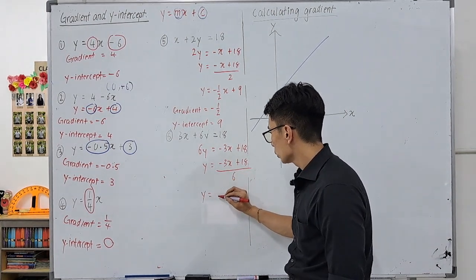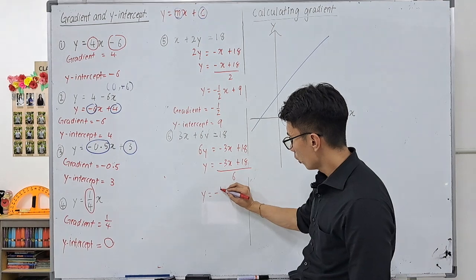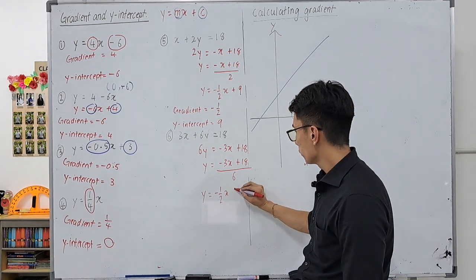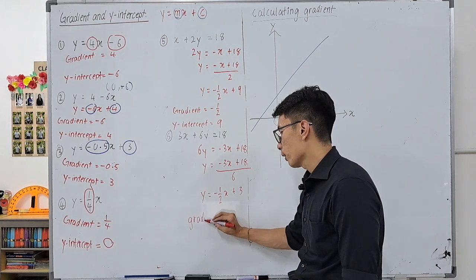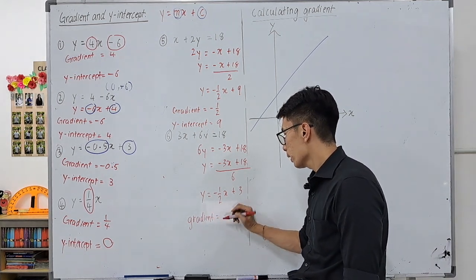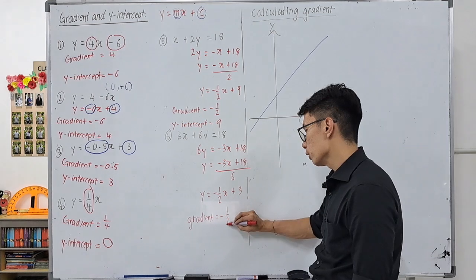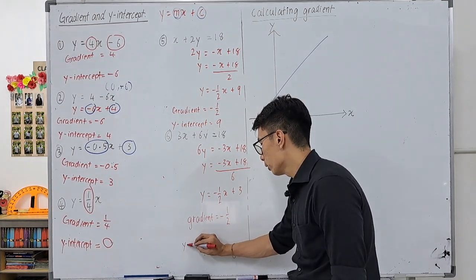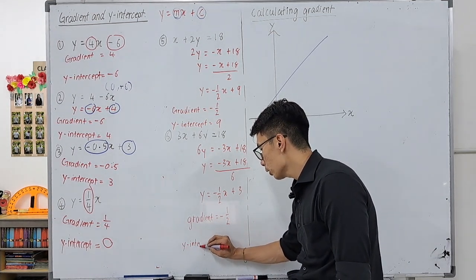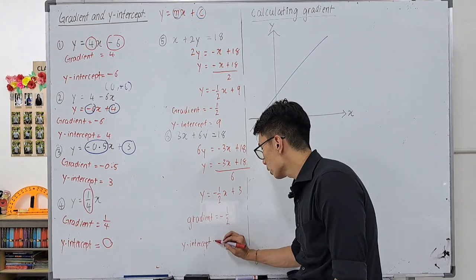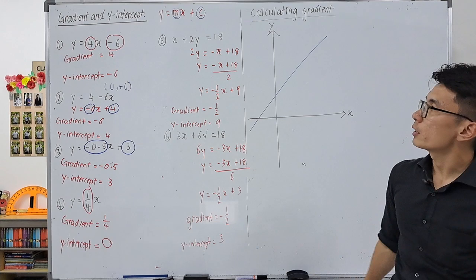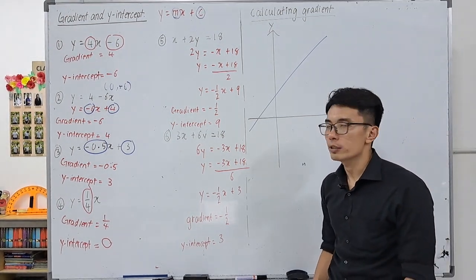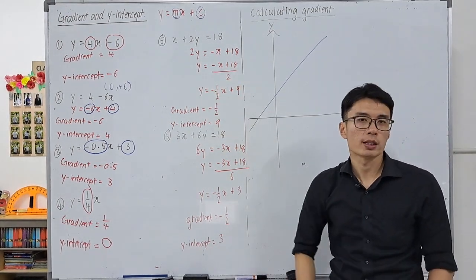Y equals negative 1 over 2x plus 3. With this information, I can find my gradient, which is behind the x value. In this case it is negative 1 over 2, and the value of my y-intercept is going to be positive 3. Done. That is how you find the gradient and y-intercept from the equation itself.